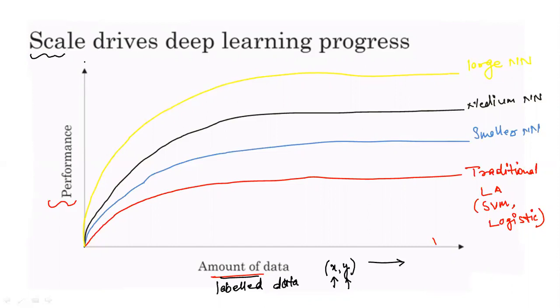So basically, what the heading of this slide says is that scale is a very big thing that determines the performance of a learning algorithm. By scale we mean the amount of data, and the amount of data is consistently increasing. Why? Because people use technology much more often these days as compared to earlier days.